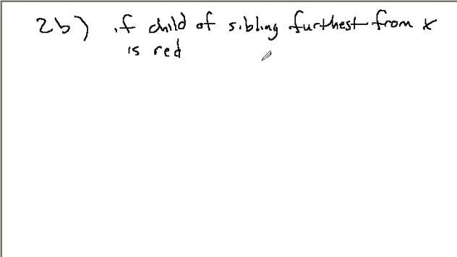If the child of sibling furthest from X is red, then what we're saying is that red child turns black.